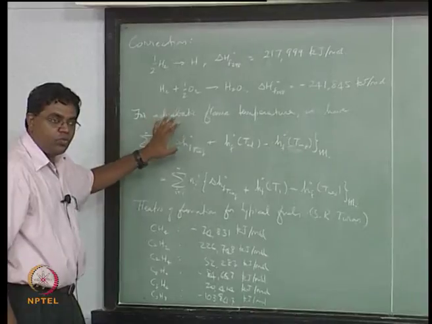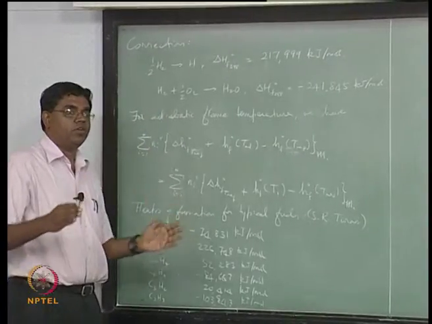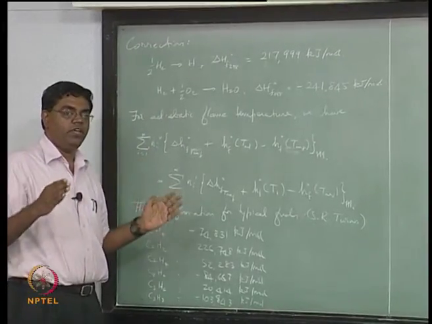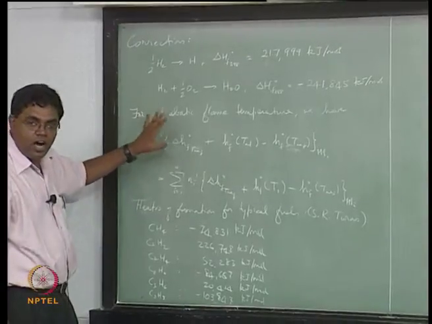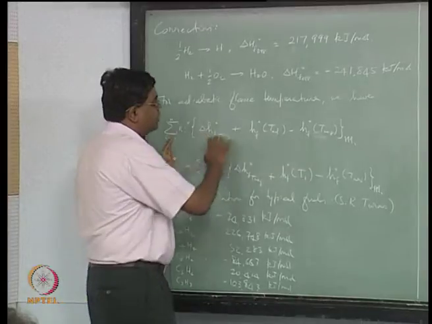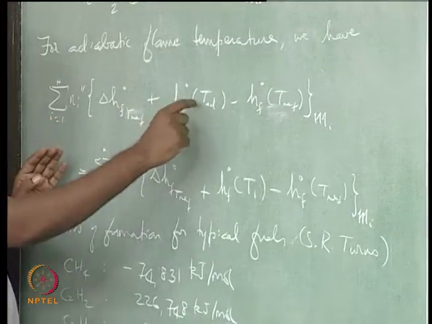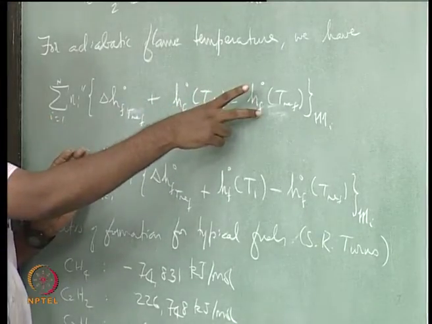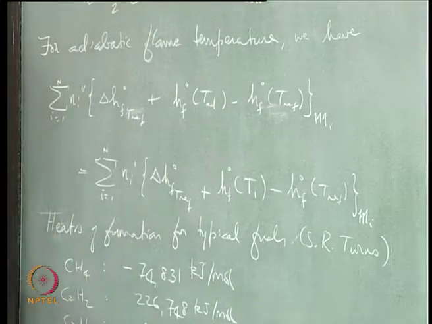Those are the ones that actually give you stable products. You get stable products mainly when the products have high negative heats of formation, and then this total will be such that you get a fairly high sensible enthalpy for the products and therefore a high adiabatic flame temperature.